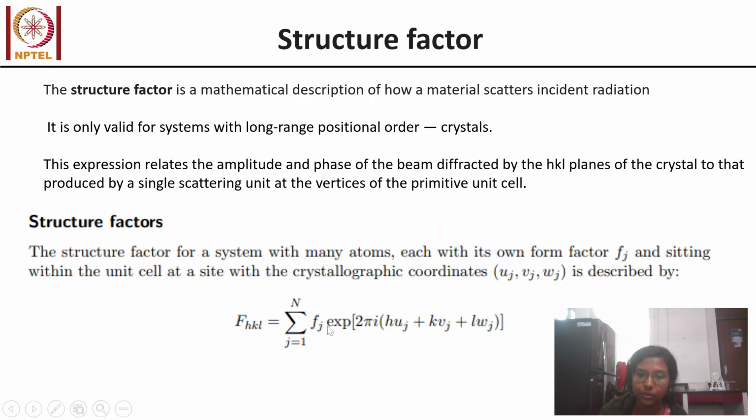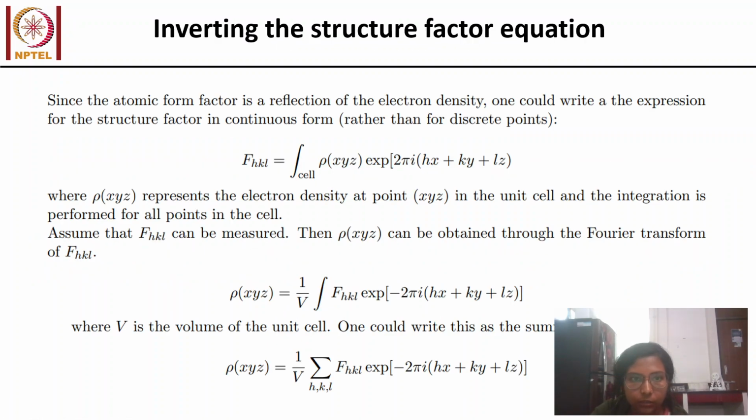And then there is the exponential term, e to the power 2 pi i, and then these are the crystallographic coordinates of that scatterer, of that atom. What is happening is that this atomic form factor is nothing but the electron density of the atom.